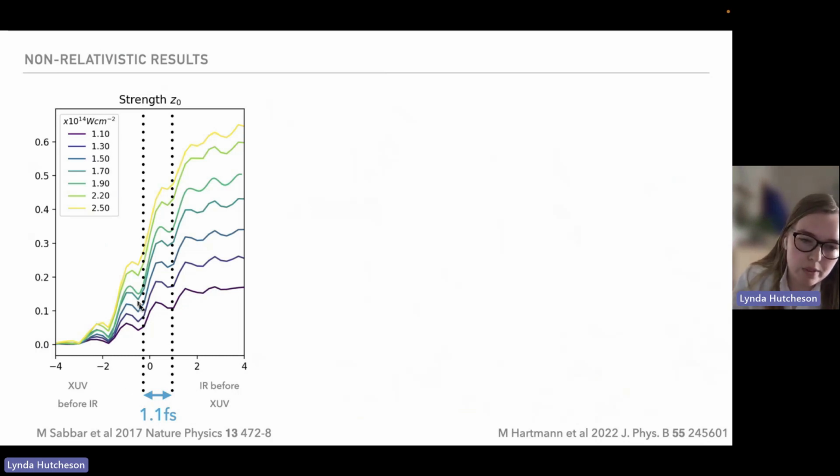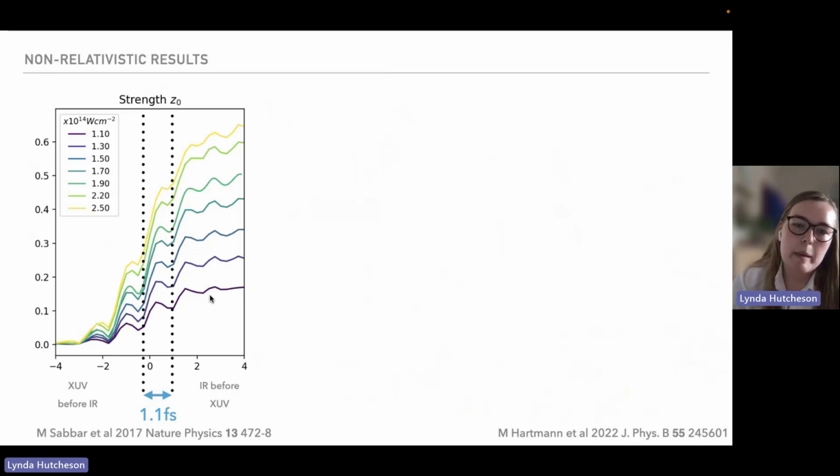In this paper, they call them overshoots, and this is basically the combination of reversible and irreversible effects. You've got irreversible strong field ionization, which is the general build-up, and then you've got reversible excitation to some excited bound state and back down within half the cycle of the IR. That's what causes these overshoots.